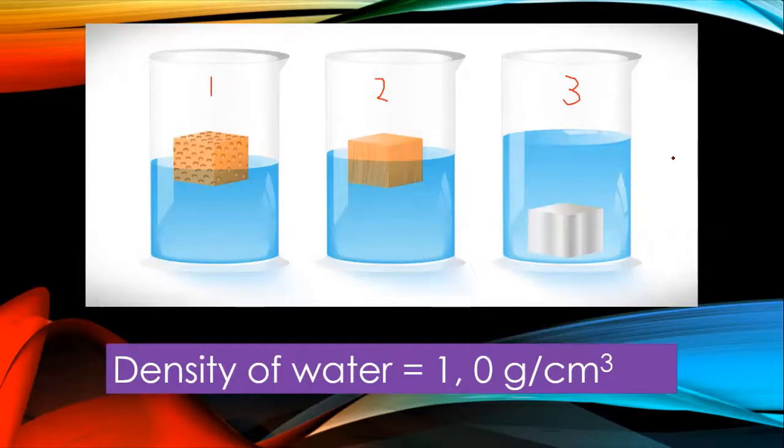It can only be 1 or 2. If the density is almost the same as water, it has to be 2. Okay. Number 1, can you see most of it is out of the water? So that means the density is less than water. Get the idea? All right.